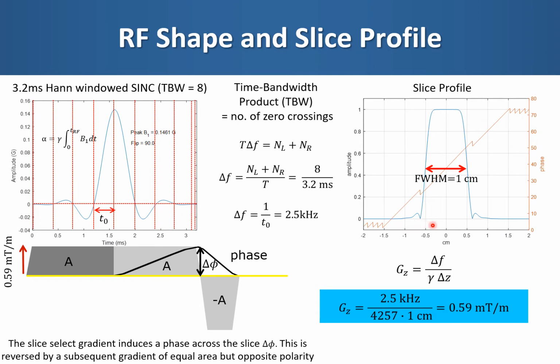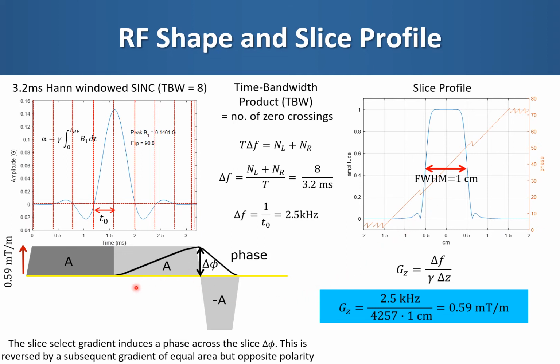Using the Bloch equations, we can then derive the slice profile for this pulse, as you can see on the right. We get a relatively good profile, although the edges are not sharp because we have had to truncate the duration of the pulse. The full width half maximum of the pulse is equal to the desired slice thickness.